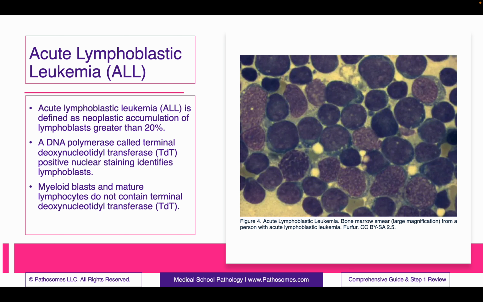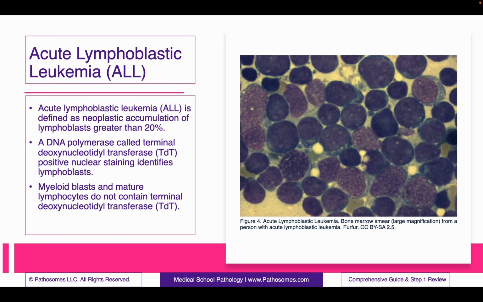Acute lymphoblastic leukemia is defined as neoplastic accumulation of lymphoblasts greater than 20% in the marrow. A DNA polymerase called terminal deoxynucleotidyl transferase, or TdT for short, positive nuclear staining identifies lymphoblasts.